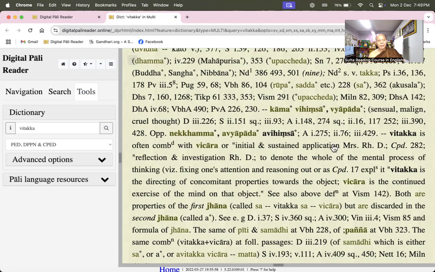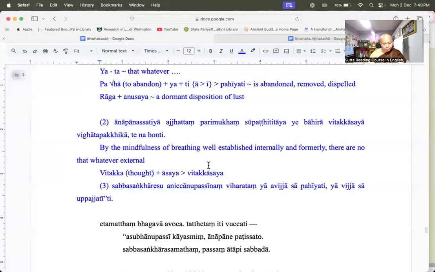Asaya means tendency here, a tendency of thought.